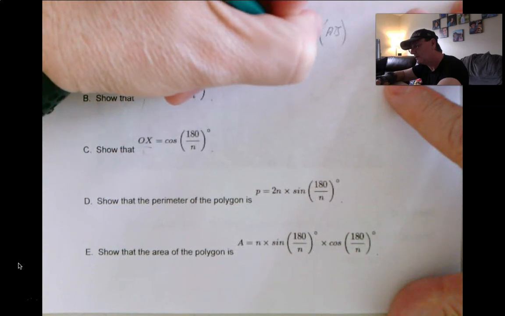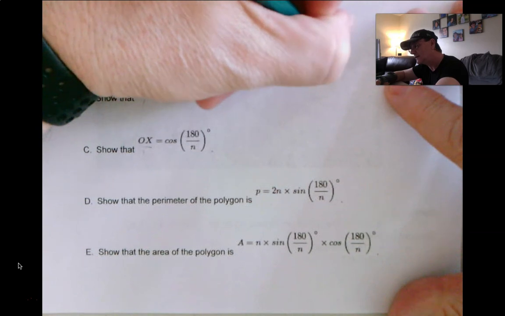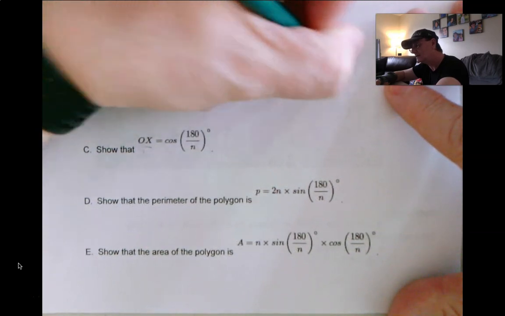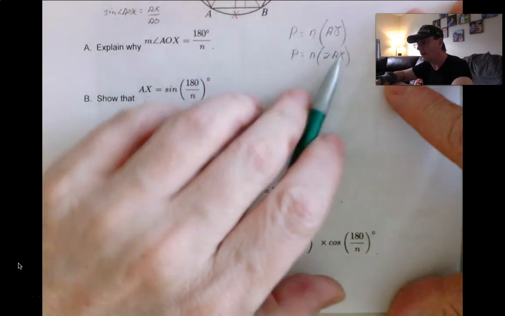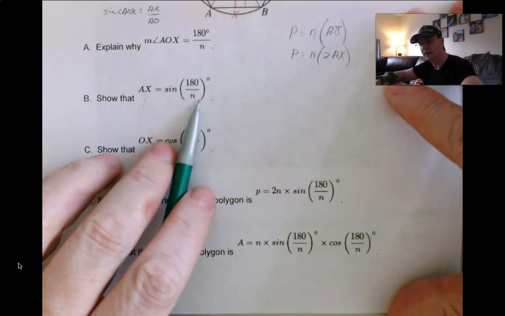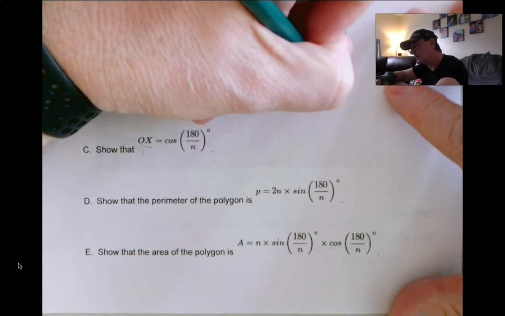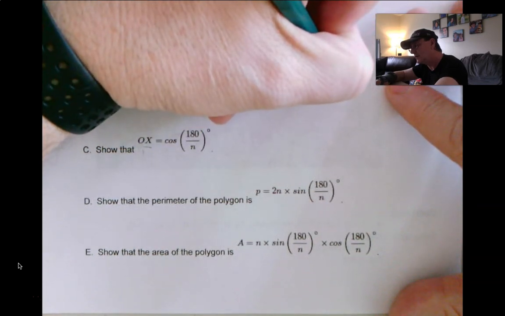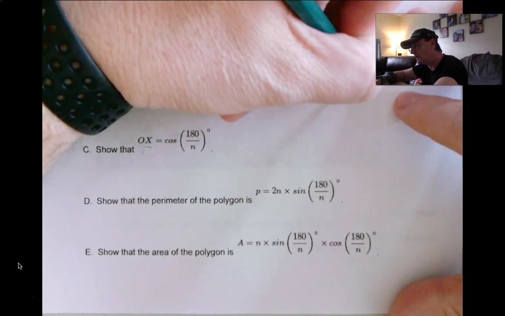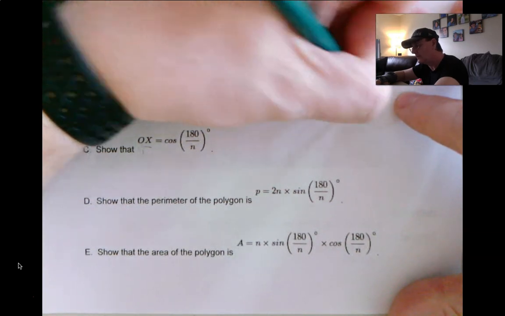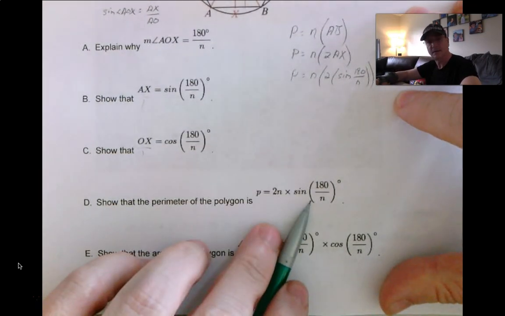AB, we already said, is 2 times AX, and AX is equal to the sine of 180 over n. So n times 2 times sine of 180 over n, or 2n sine of 180 over n.